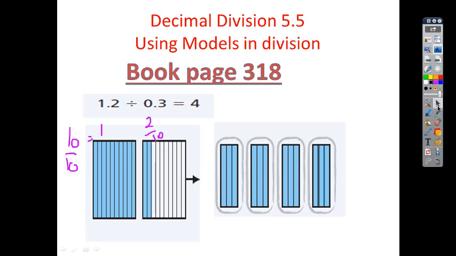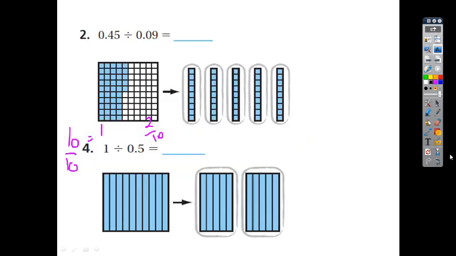Okay, here is another example. You have a chart here with hundreds. So there are 45 hundreds, which is 45 out of hundreds. You can see here there are 10 and another 10, so 20, 30, 40, and then 45. You want to know how many groups of 900 are there in 45 hundreds.